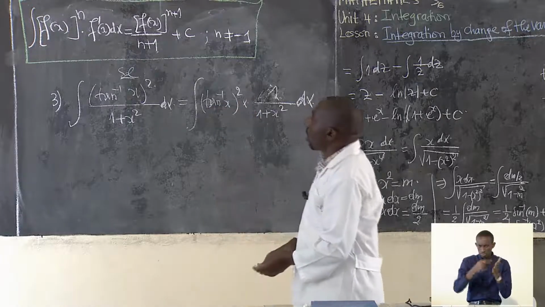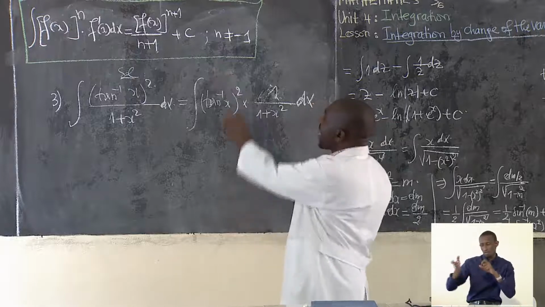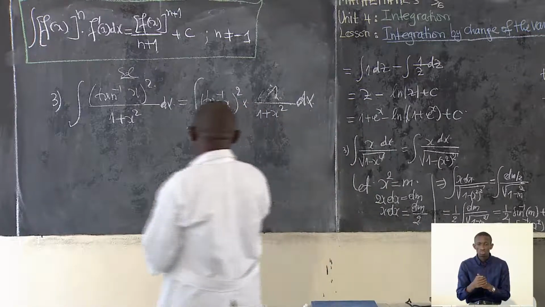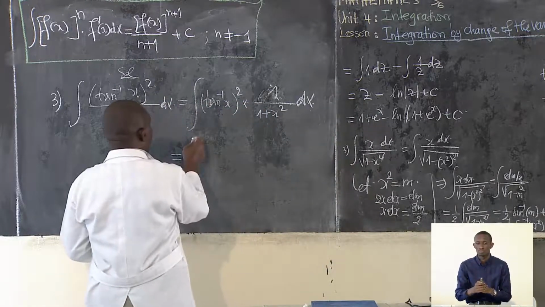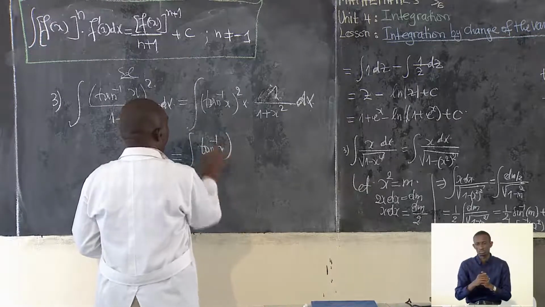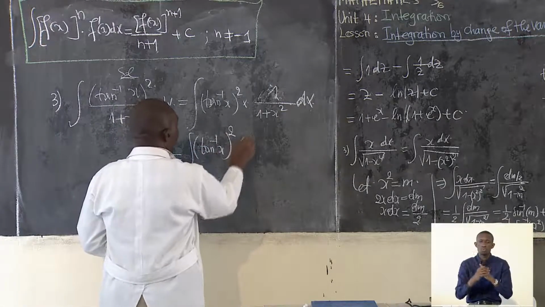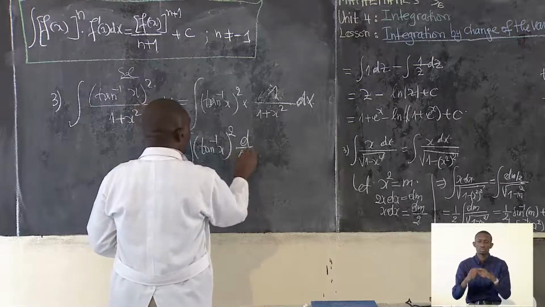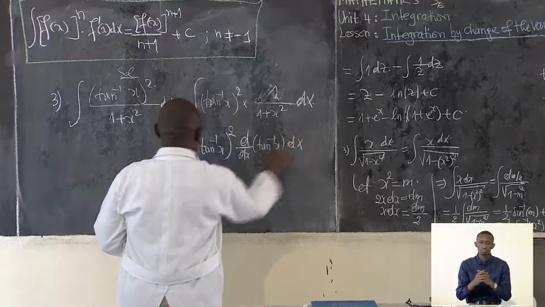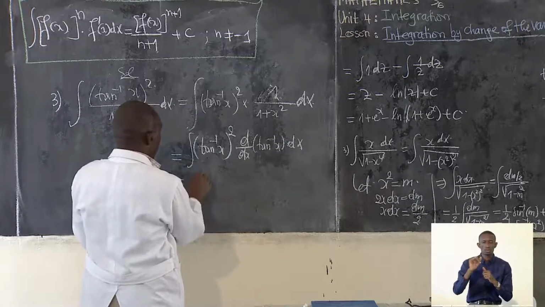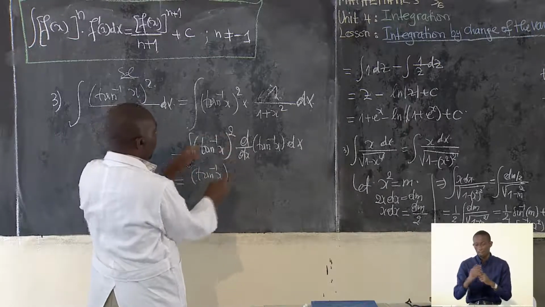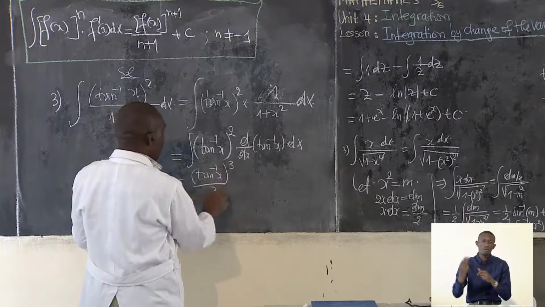It means that we have the formula, but n is equal to 2. So the answer is the integral of (tan inverse of x) squared times the derivative of tan inverse of x dx, which is equal to (tan inverse of x) power n plus 1, this is 3, divided by 3 plus c.